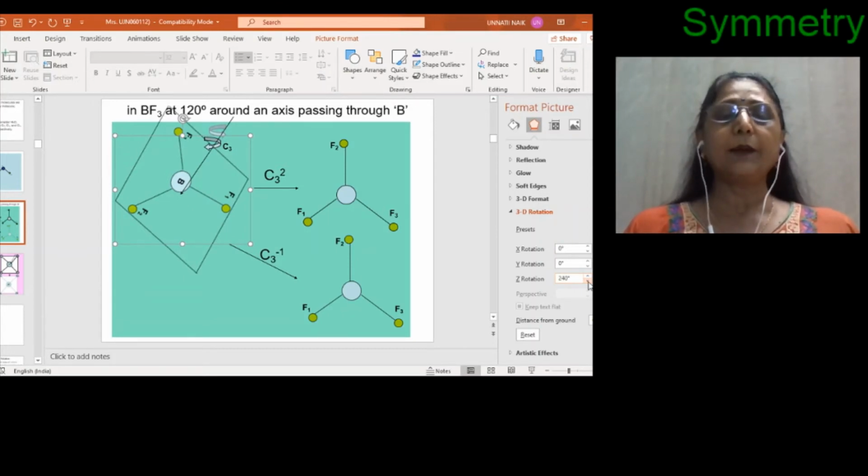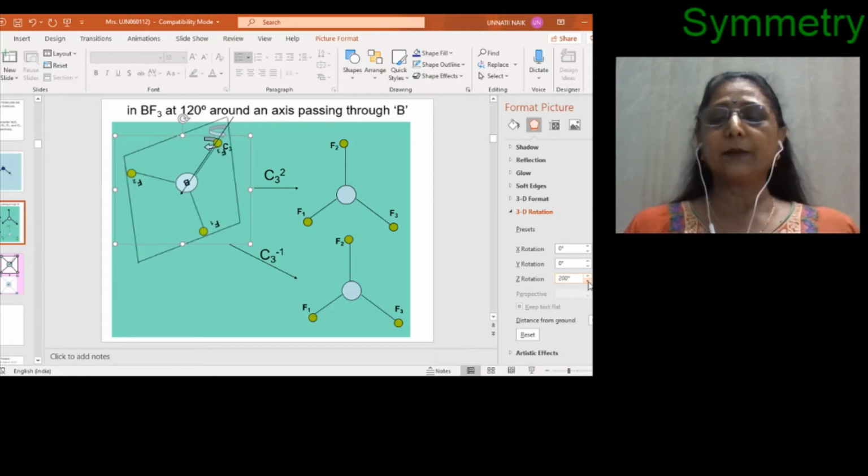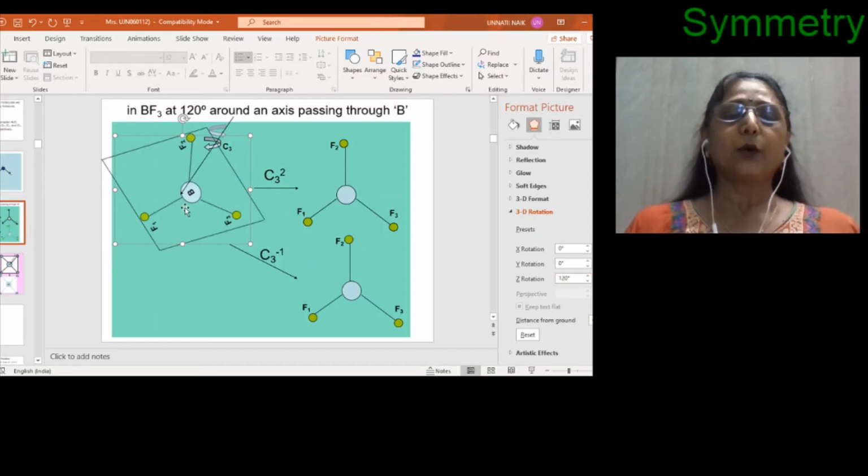This is one time. On the second rotation around the same axis, we get this structure. So now look at the molecule. This boron is at the center. F1 is over here, so I have represented it in this figure as F1 like this. F1 is here again.